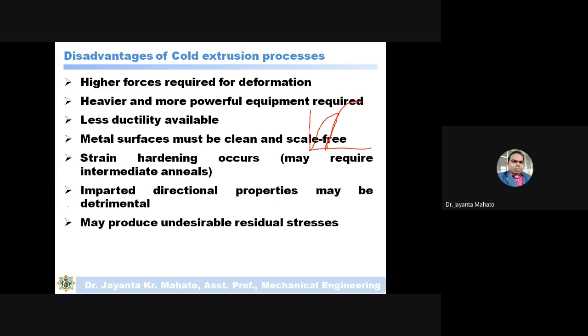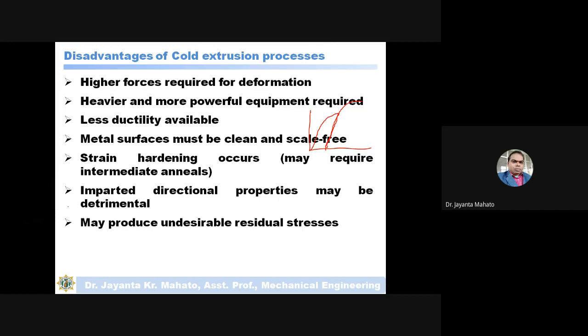So residual stress means, as these are cold working processes, strain hardening occurs, and strain hardening means there is a chance of stress, some stress remaining within the material. So these remaining stresses within the material are called residual stress. Okay, and due to this residual stress, the material gets hardened.